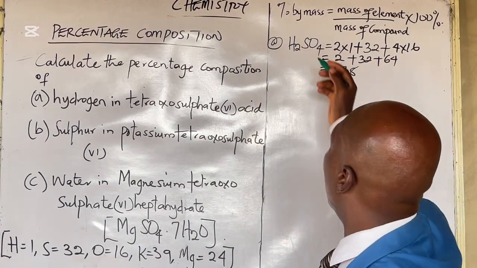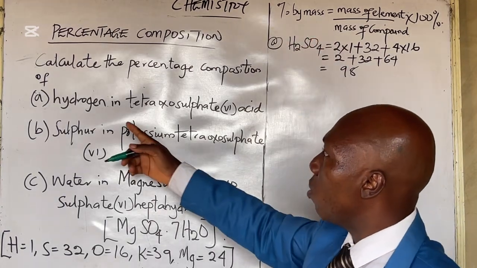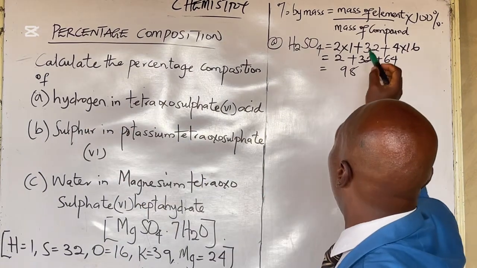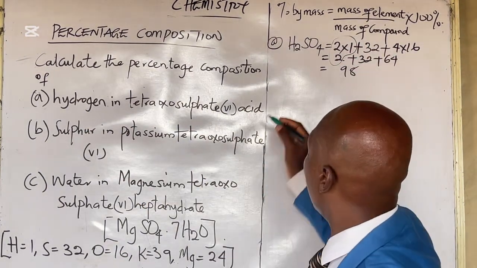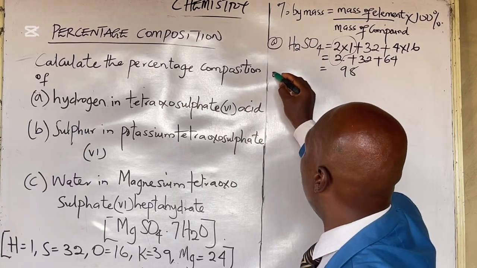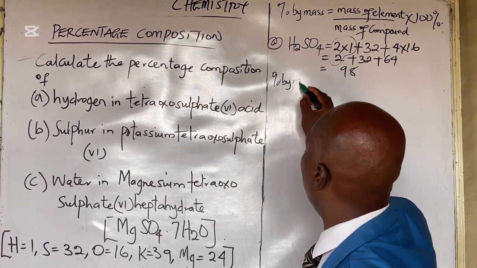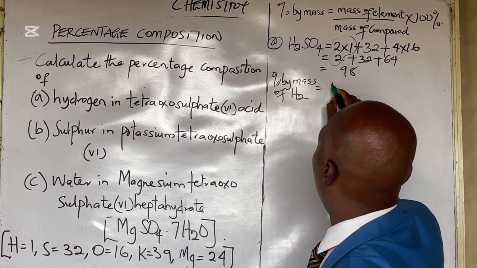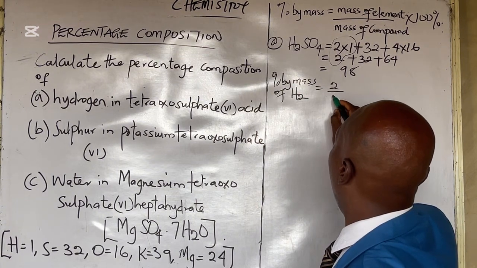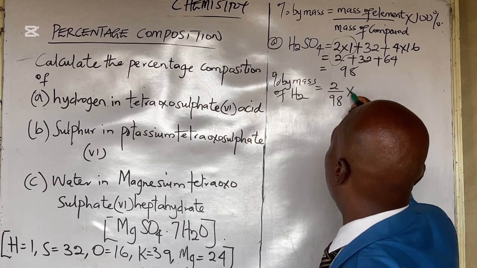So what is now the percentage by mass of hydrogen? Hydrogen is all this. The percentage by mass of hydrogen will be 2 over 98 times 100.